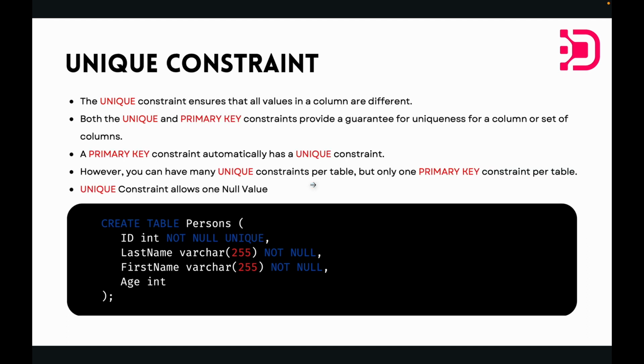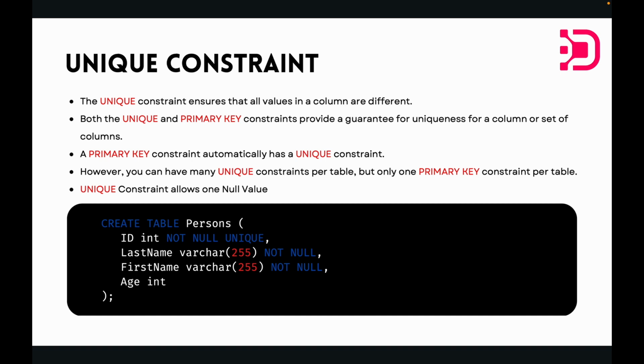Then we come to the unique constraint, which ensures that all values in a column are different. This is similar to the primary key constraint, which we'll be looking at next, which guarantees that each piece of data in the column or set of columns, depending on how you're specifying the constraint, has to be unique. It provides a guarantee of this uniqueness.